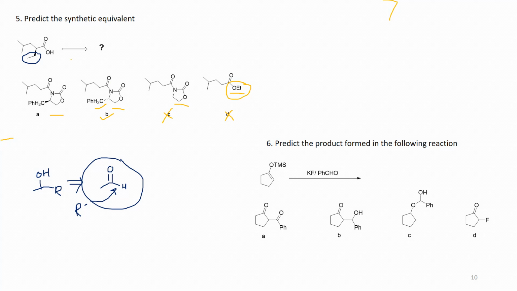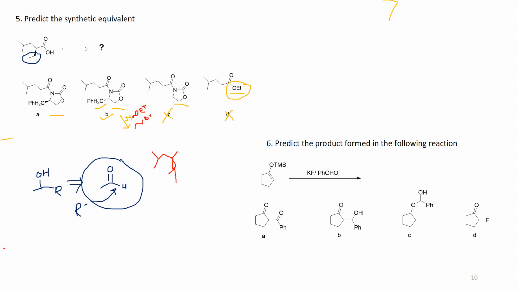Now, how do you go from this to this? If you are adding a base and this ethyl bromide, that will give us a selectively added ethyl group.